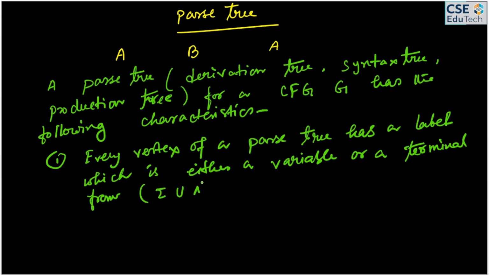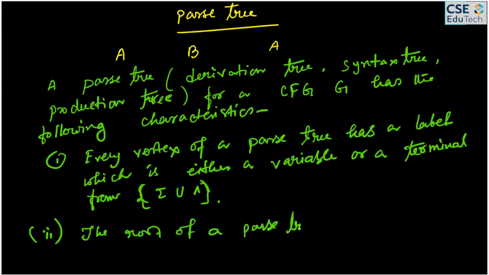Second characteristic: the root of a parse tree has label S, and this S is the start symbol.